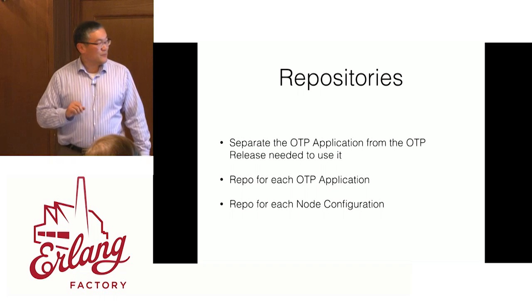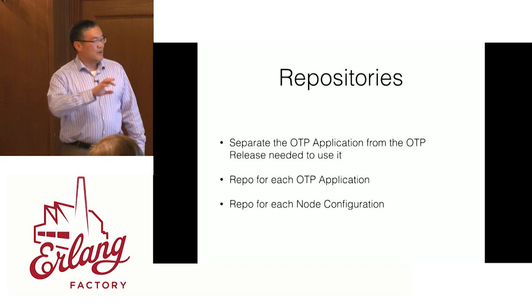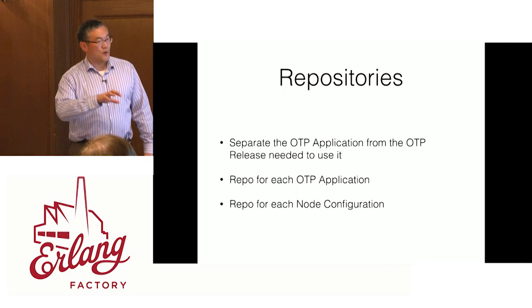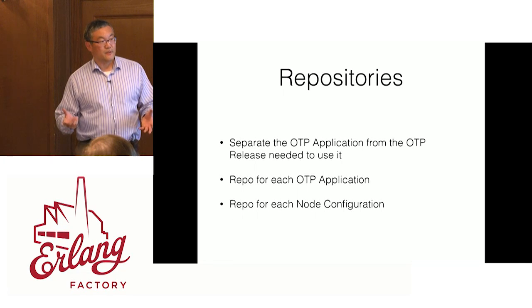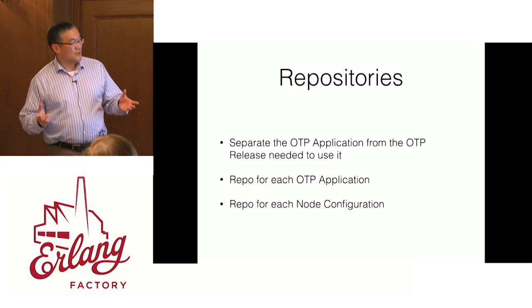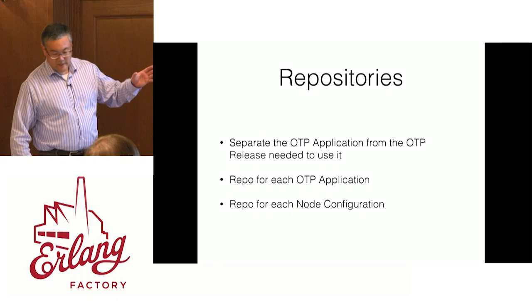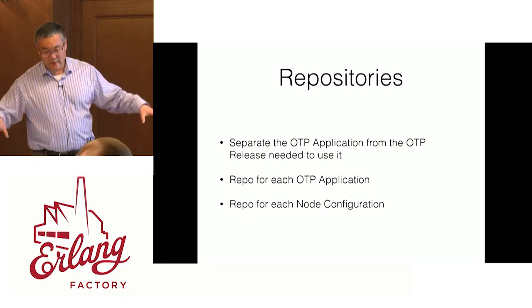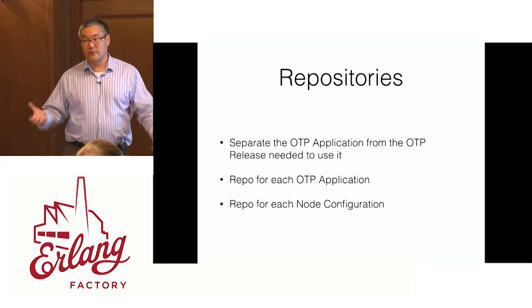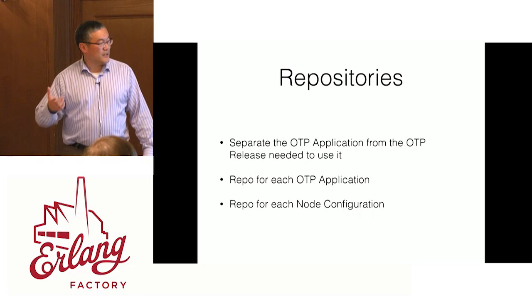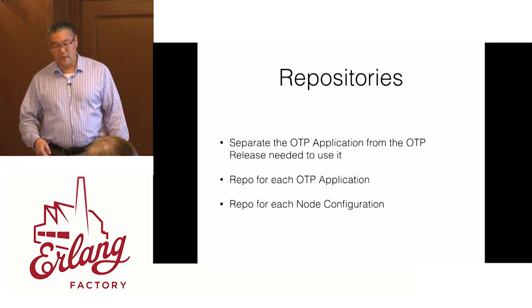What that means is that we end up with a separate repository for each of our applications, and then a repository for what's essentially the node configuration, right? We'll have all the applications sitting in their own repositories so that they can be used as dependencies of other applications. And as we'll see, we can use that dependency mechanism to do the composition of the nodes.